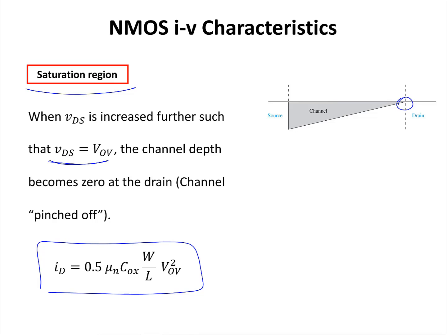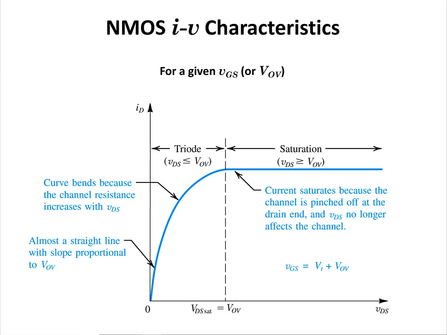After this point, if V_DS is increased further, the current cannot change and the amplitude of the current is going to stay constant for a constant V_GS value. Here is the IV curve of an NMOS for a given V_GS or a constant V overdrive value. For small V_DS values, we are at this region. The IV curve looks like a straight line.